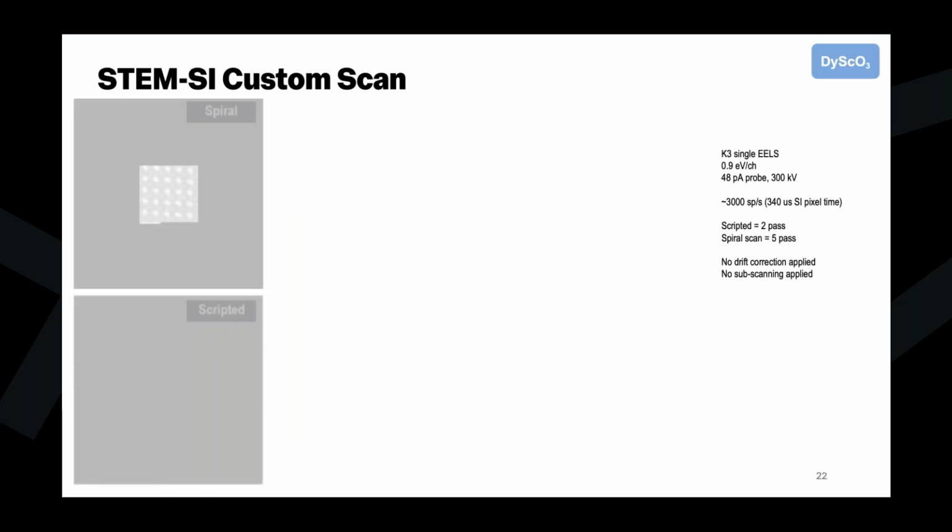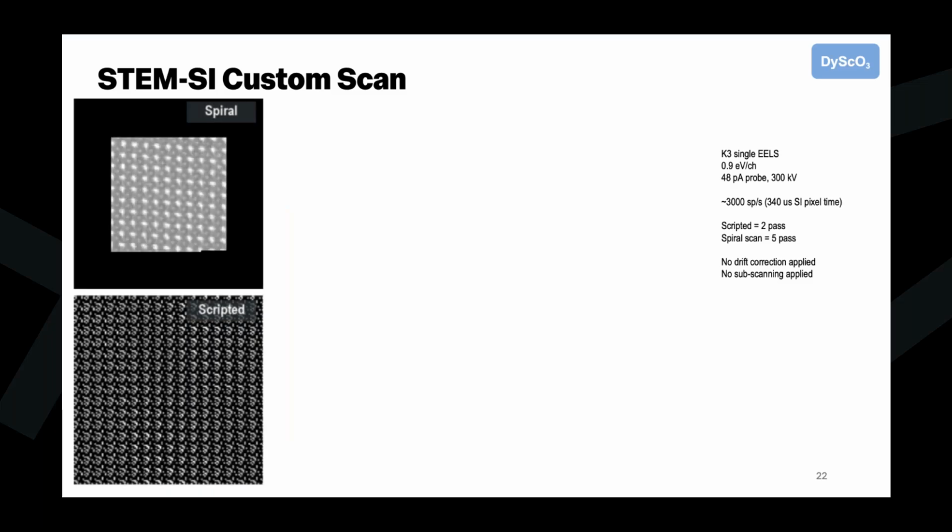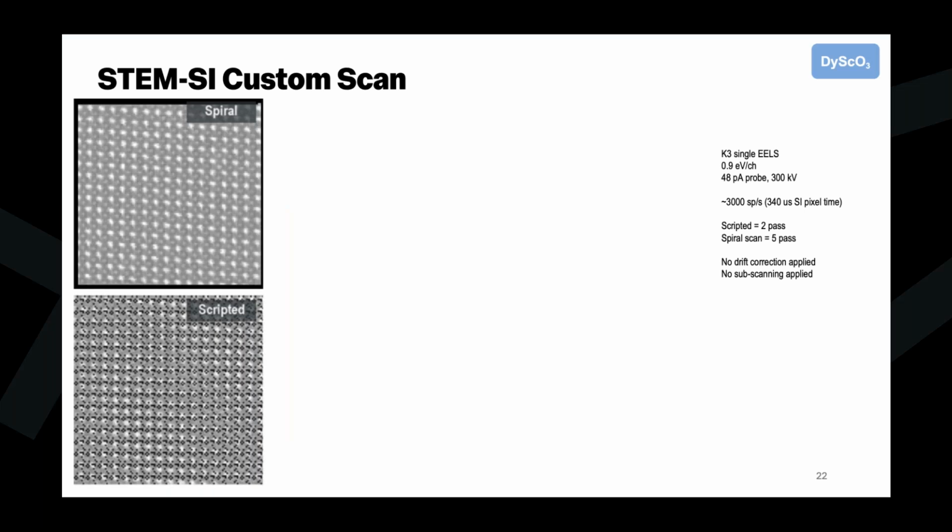Thank you, Steph, for the introduction and some background in all the ways we can use a beam in STEM. So I'm going to show you some results in some ways we've used these different scan patterns that, as Steph showed, you can now have in Gatan, and they're very accessible. This is just an example of what a custom scan looks like.